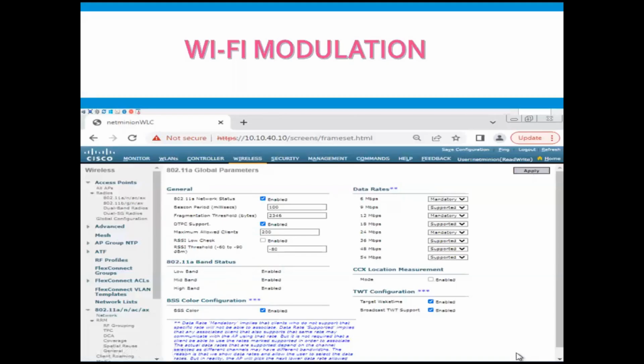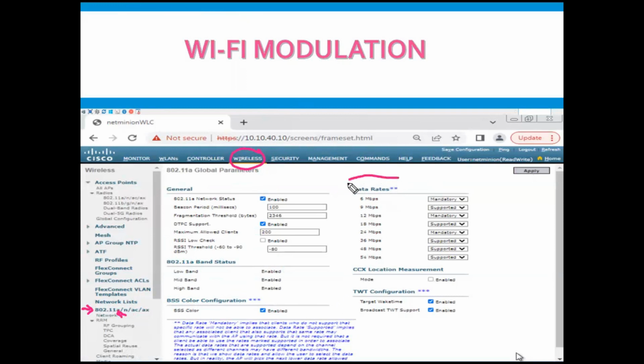Let me proceed. So here in this slide, I just attached a screenshot from our virtual WLC. You can see I am in the wireless, under the wireless I am in the 8.2A, and you can see ANACAX. So here I just went to the network, and in the network you can see this page is shown.